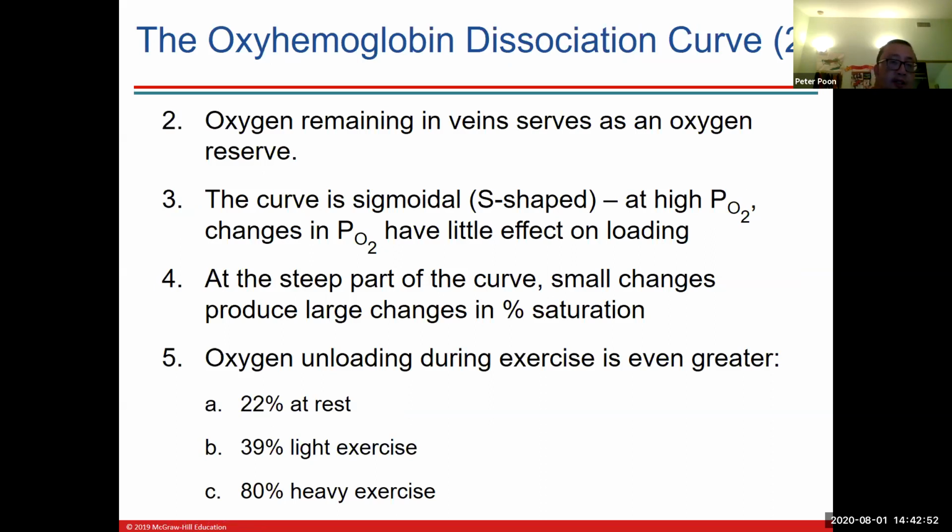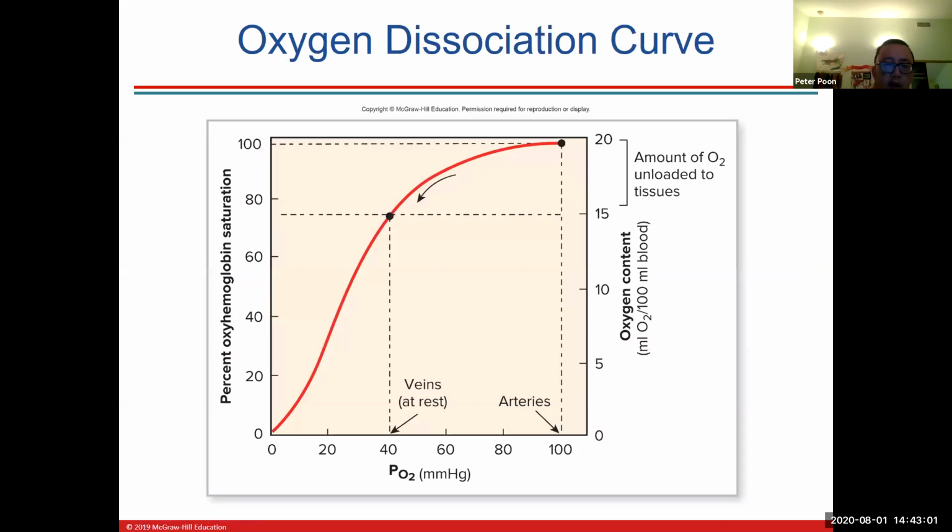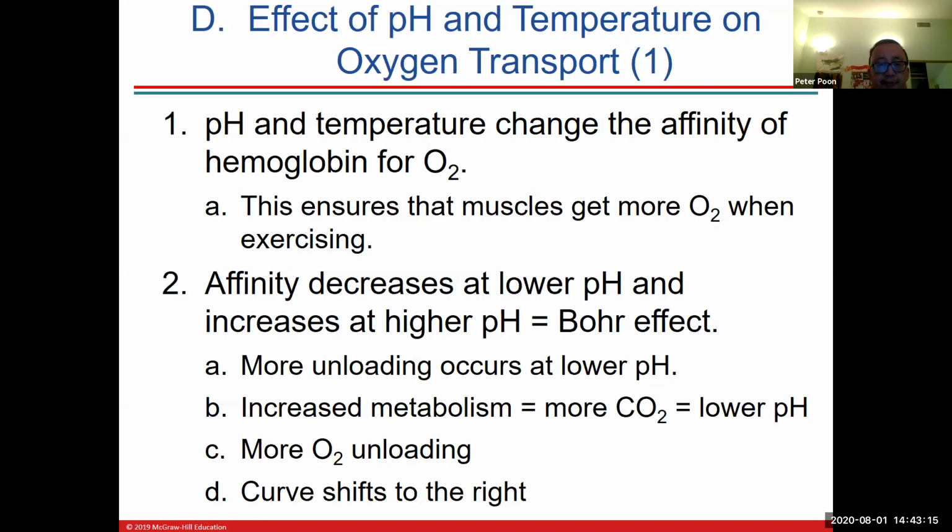The oxygen remaining in the vein serves as a reserve. So you can see as it goes from arteries to capillaries to veins, it's actually decreasing, and so it's giving off oxygen continuously.